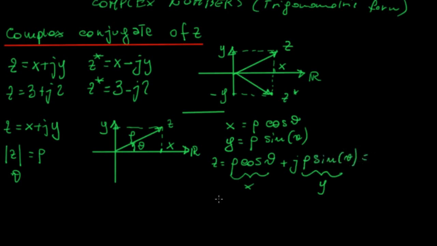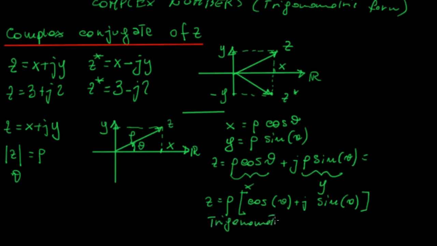And if we gather the common factor rho, what we get here is this expression, rho times the cosine of theta plus j the sine of theta. Well, this is what we call the trigonometric form of a complex number. This is very important. This is the trigonometric form of a complex number.